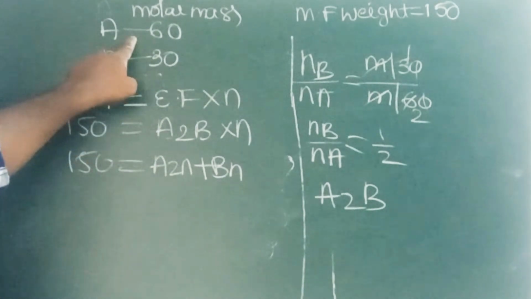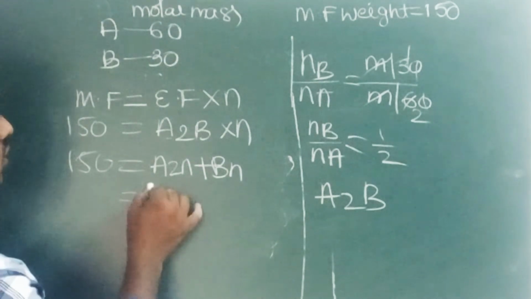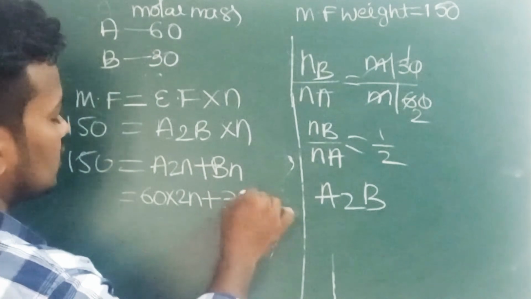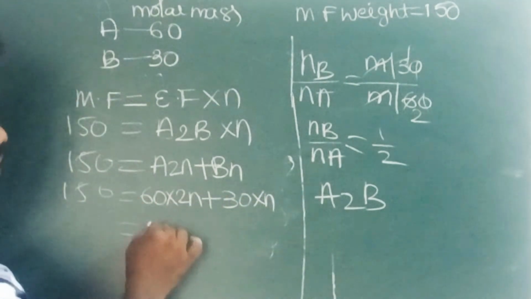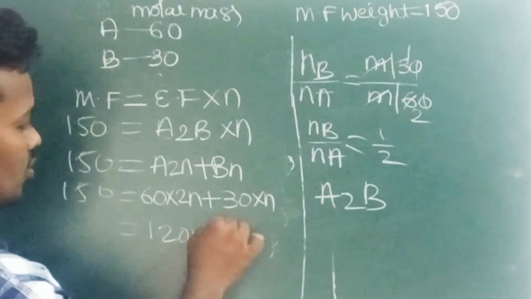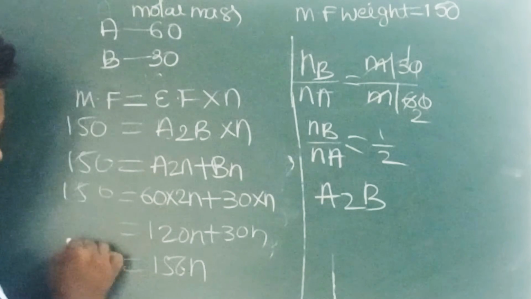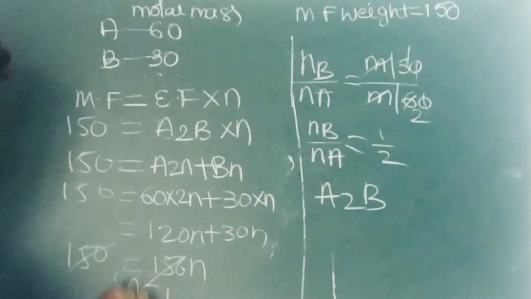A is 60, B is 30. So 60 into 2n plus 30 into n, that is 120n plus 30n, so 150n equals 150. So n is equal to 1.